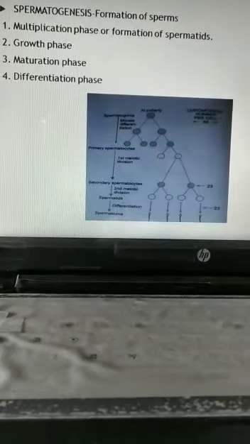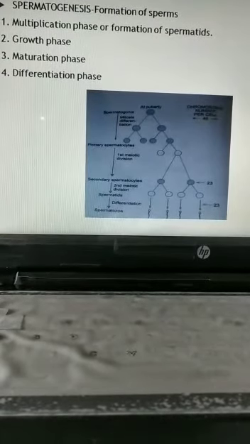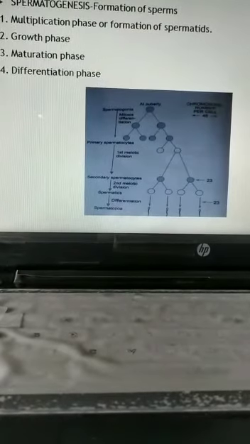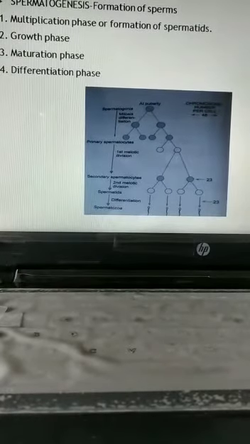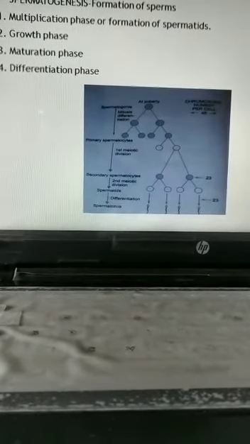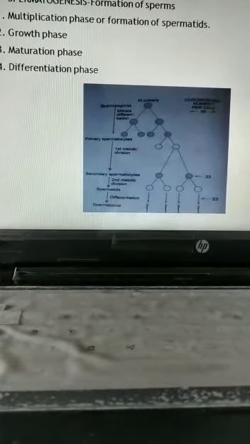In multiplication phase, the male germ cells or spermatogonia present inside the seminiferous tubules multiply by mitotic division and increase in numbers.